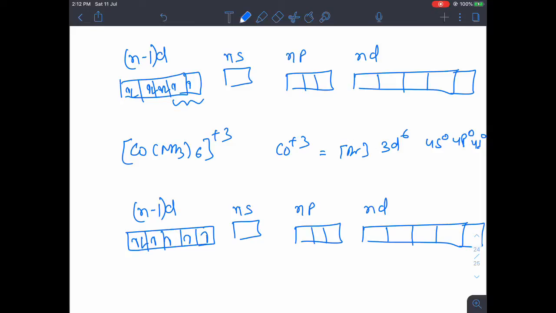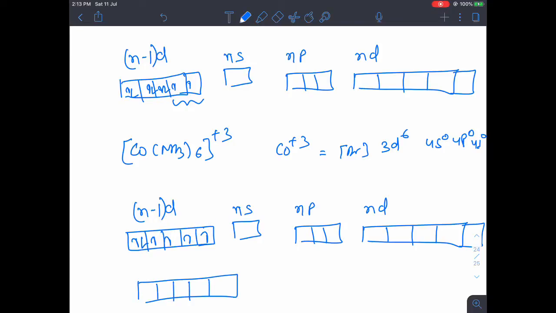Now for this thing, either the hybridization is d2sp3 or it will be sp3d2. For getting this one, we need to pair. So will it generate two empty orbitals after pairing? Answer is yes. Just pair it up here and just pair it up here. And if you do that, after pairing, what we will get?